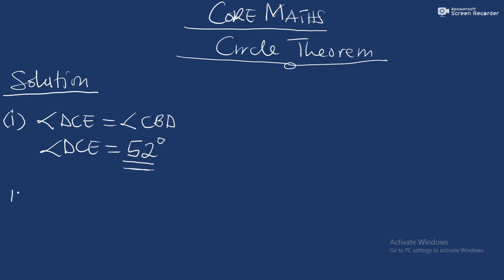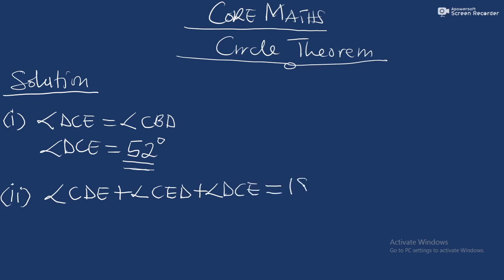So let's move on to II. Now with II, we also have angle CDE plus angle CED plus angle DCE, giving us 180 degrees.